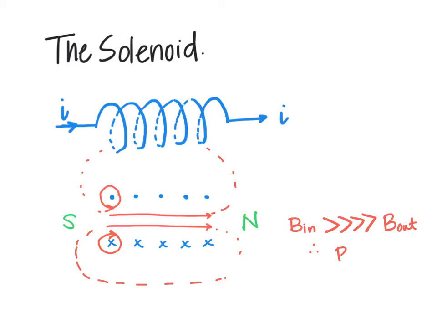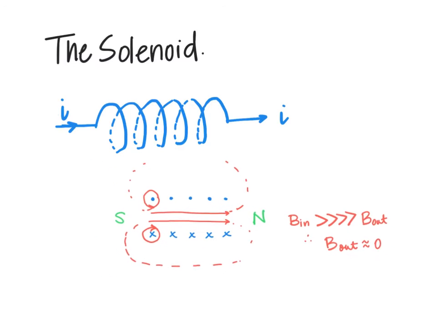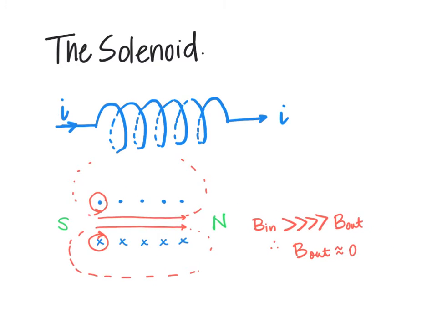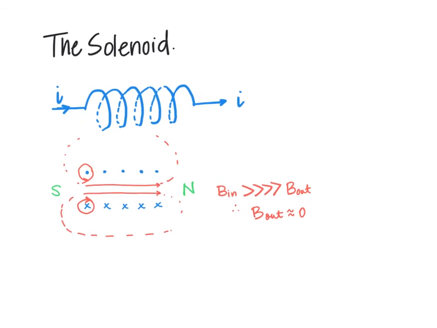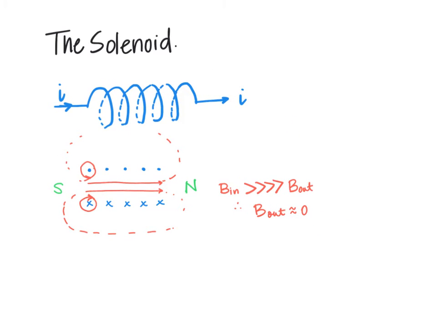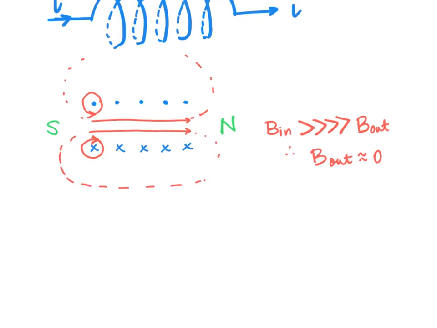Therefore, we're going to treat the magnetic field outside of the coil as being approximately zero. The solenoid is essential for creating electromagnets so that we can create a magnetic field and control the strength of the magnetic field. So there's lots of applications to this.